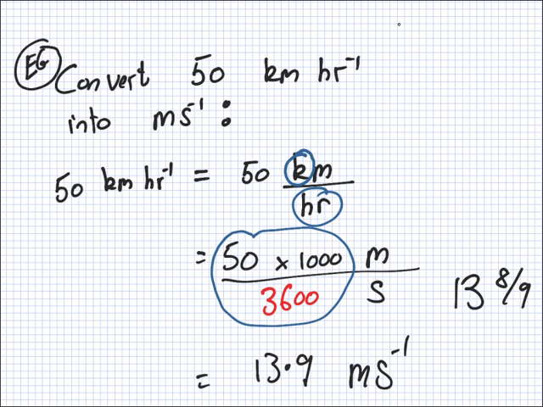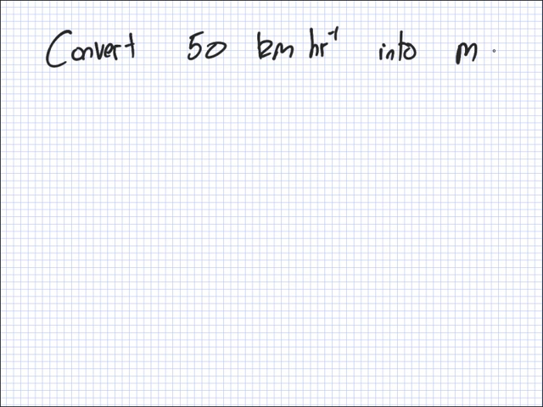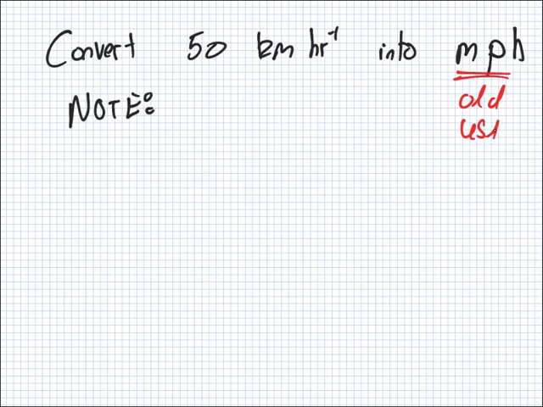So the next one now is, we said, convert 50 kilometers per hour into miles per hour. Miles per hour, mph. This is the old system, what they used in America.